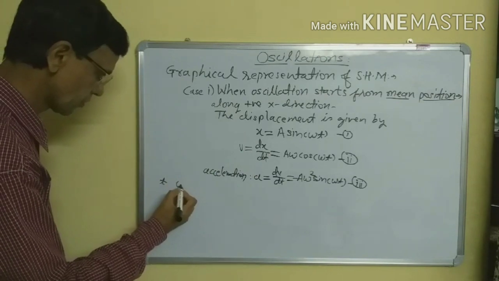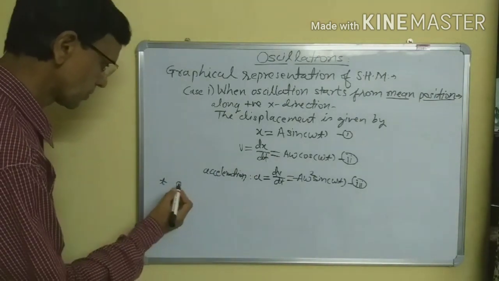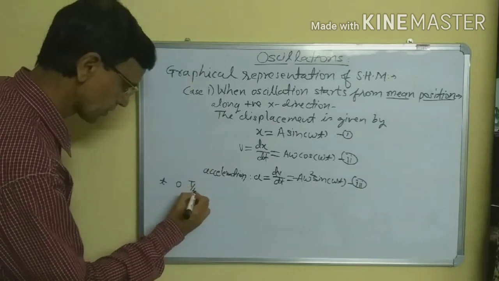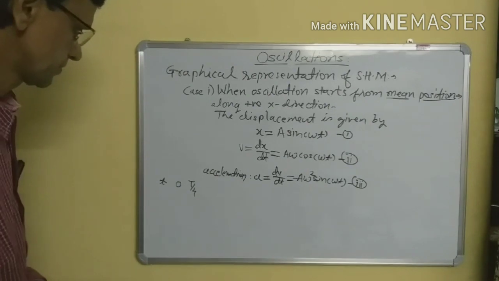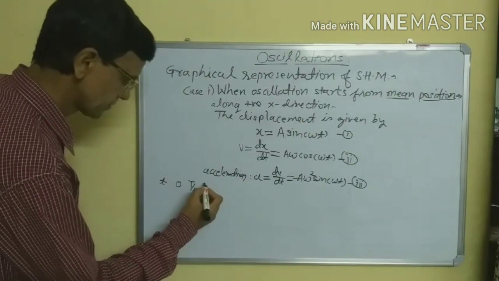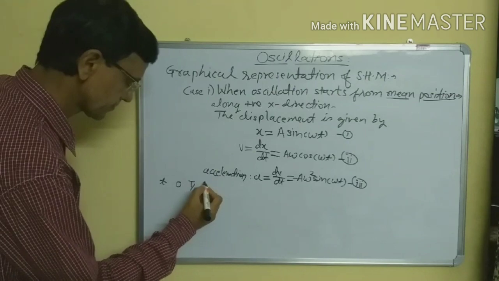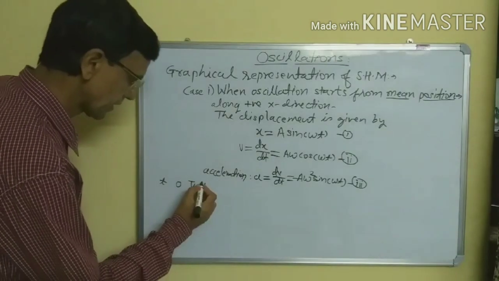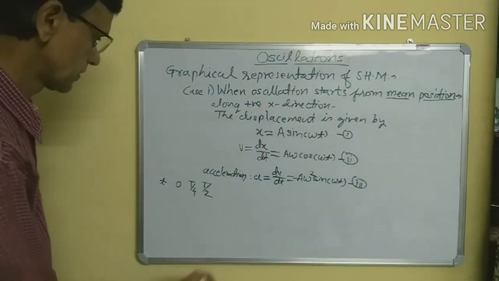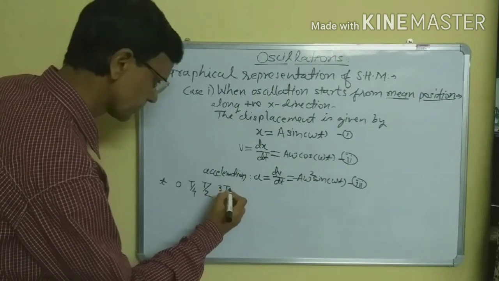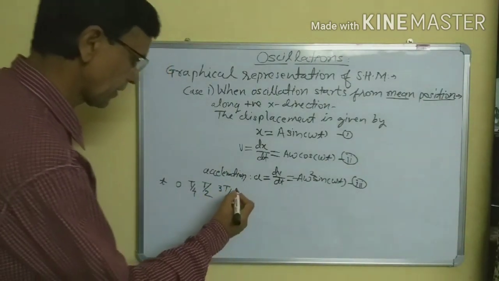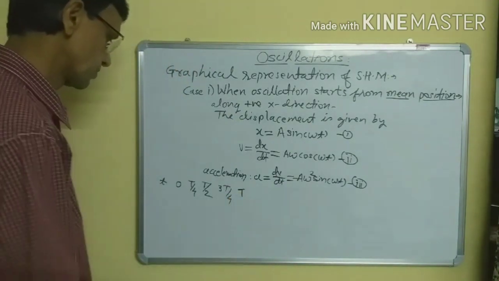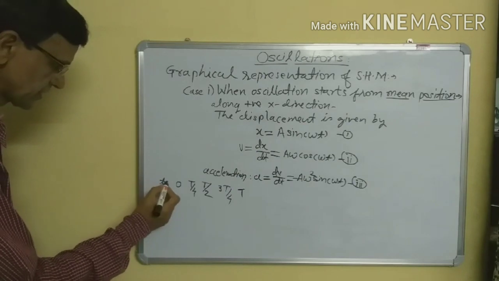So t equals 0 is the first value, then t by 4, the quarter value, then 2t by 4 which is t by 2, then 3t by 4, and 4t by 4 which is t, the complete time period. So these are the values of time t.